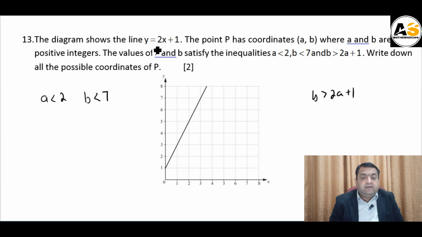This is basically y is greater than 2x plus 1, right? This is the line. So we need to look for the points above this line. And A is less than 2, meaning the x coordinate is less than 2. This is the x is equal to 2 line.